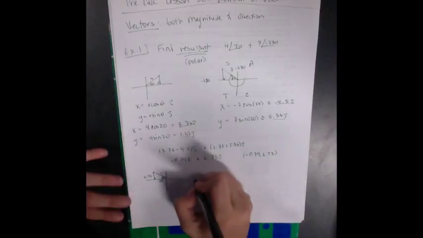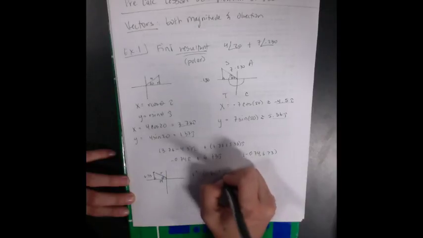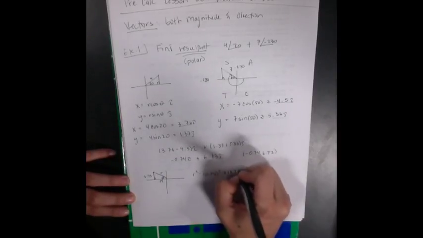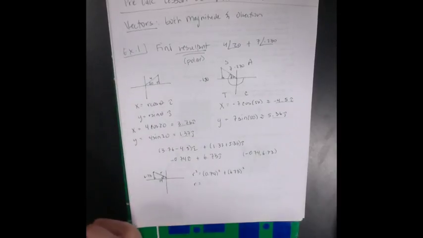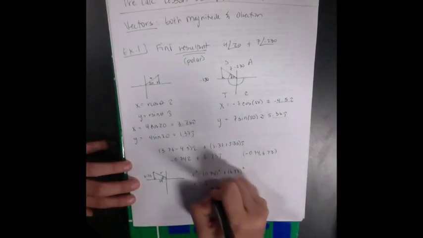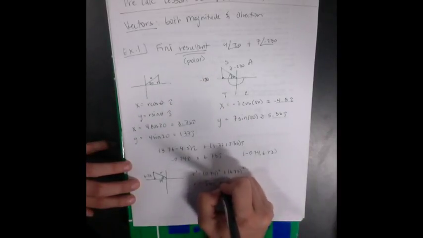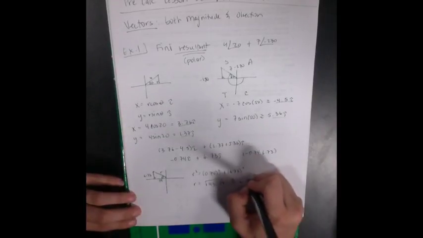I can use the Pythagorean theorem for r, so r squared is 0.74 squared plus 6.73 squared. So r is going to be the square root of all of this, the square root of 45.84, which gives me approximately 6.77.